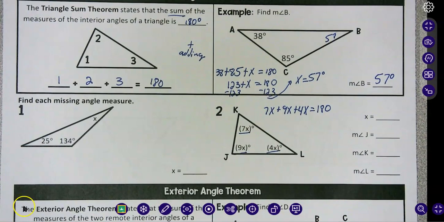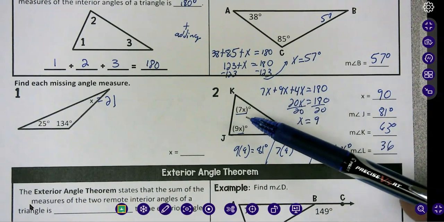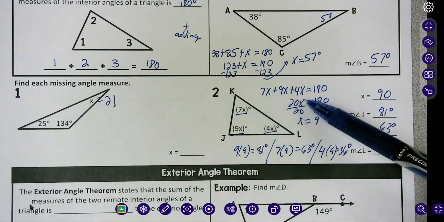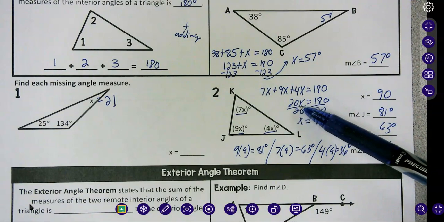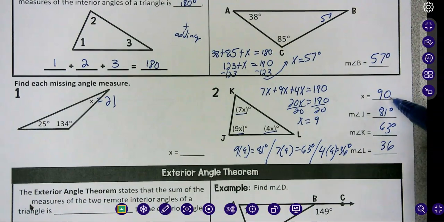So I'm going to magically pause and give you the answer. By the magic of pausing a recording, you see that the work has been done. What did I do? I added everything up. All 3 angles add up to be 180. Then I combined like terms. Then I solved for X. It asks what X equals, and it doesn't equal 90.